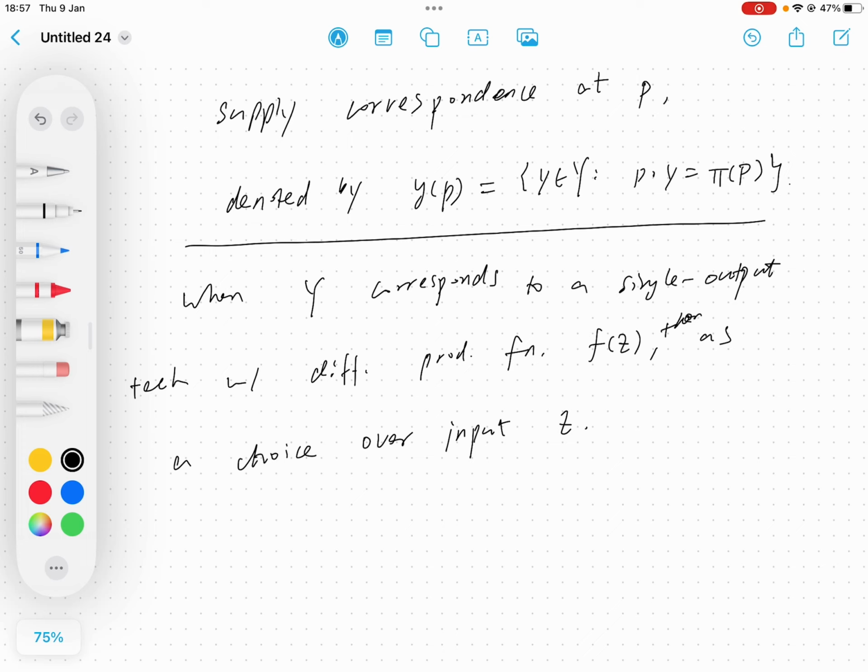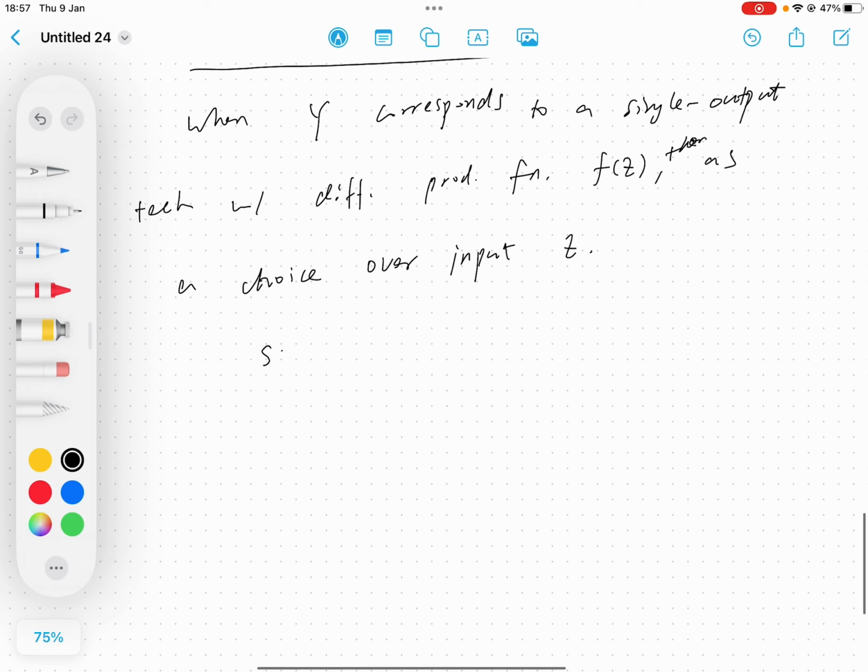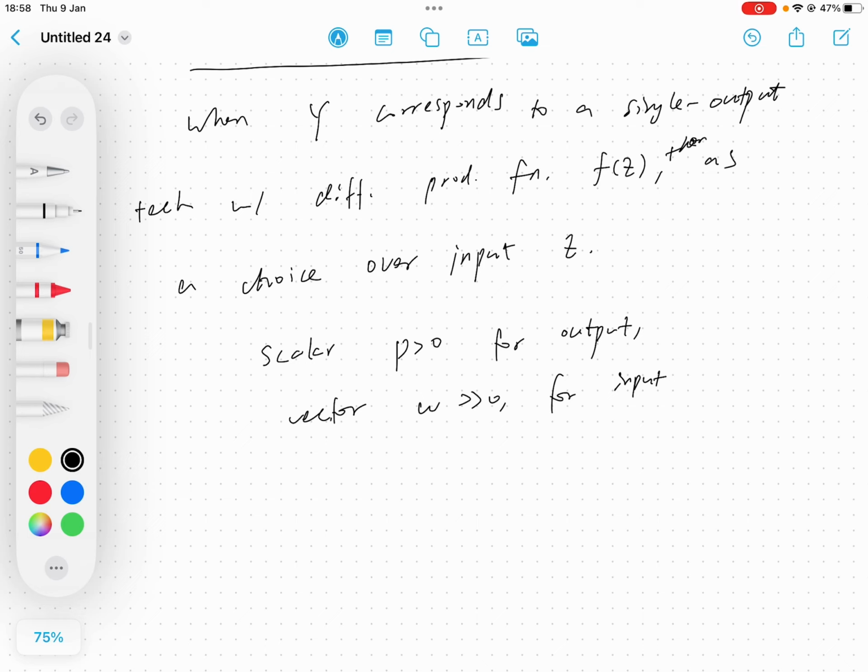Then we're going to add a scalar. So now this will not be a vector, right? This is going to be a scalar p to denote the price of the output, and a vector w for the input prices.